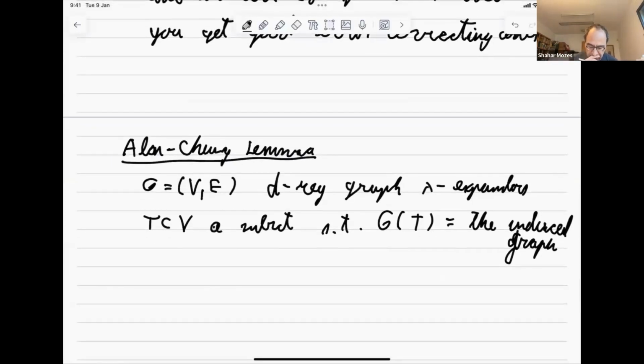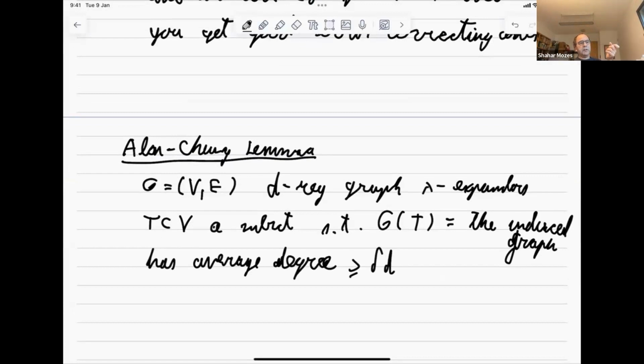So suppose this graph that you get has average degree at least delta times d, where delta is some fixed proportion. This is going to be related to the distance of the error correcting code.